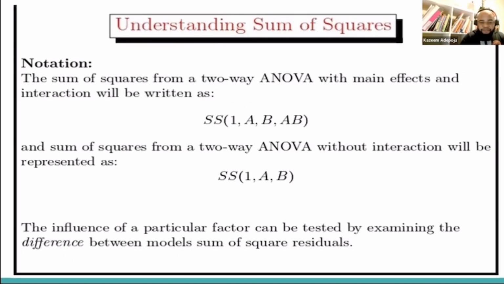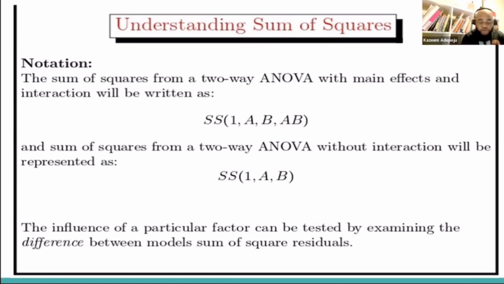Now I'm actually going to first walk you through the understanding of how the sum of squares works, and I'm going to start with the two-way ANOVA. I told you the issue: unbalanced design is an issue if you're considering two-way analysis and beyond.